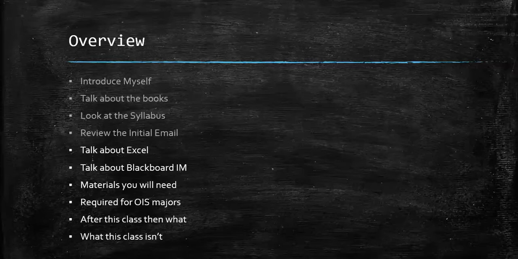Next, I want to talk about this course being required for OIS majors. This accounting class, or accounting principles, is a required class for OIS majors, and the reason is because when we look at job requirements, we see that accounting or QuickBooks is a very important skill for you to have if you go to work in a local office. This course serves as a prerequisite for QuickBooks, so this gives you a nice base knowledge of what accounting is and how accounting works.